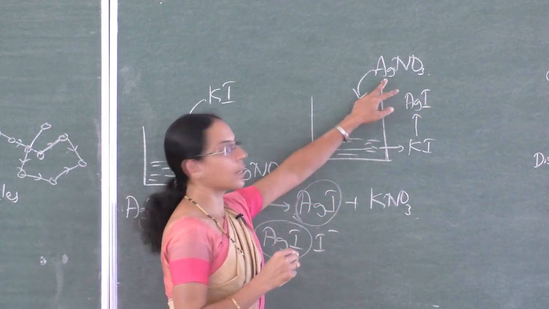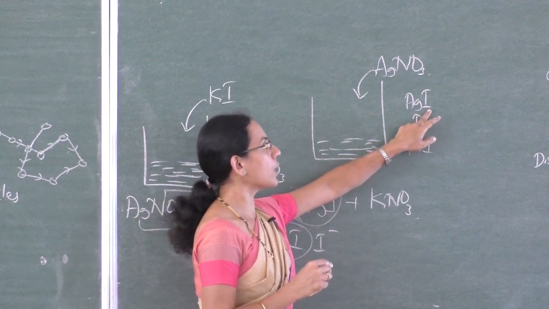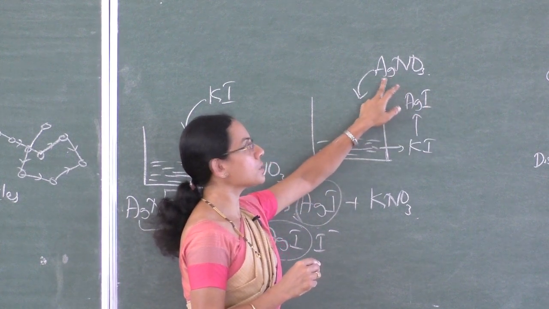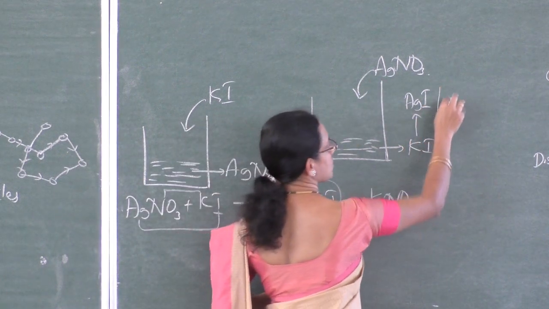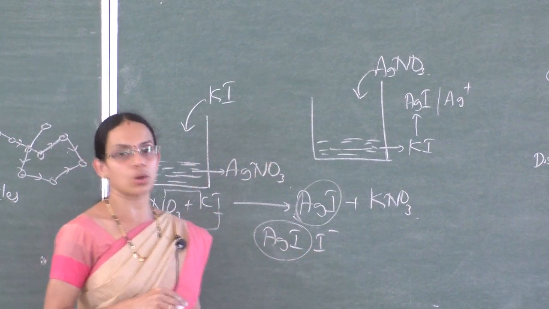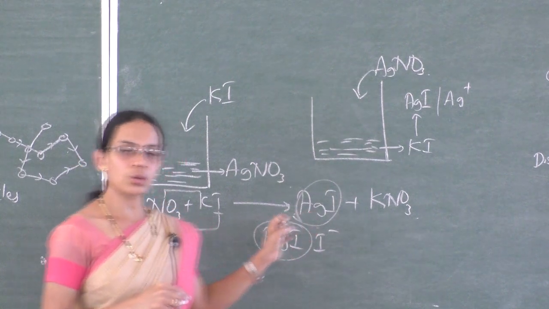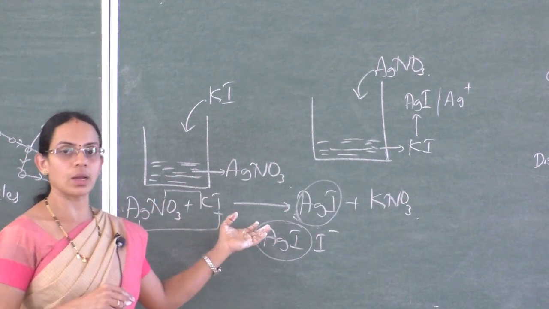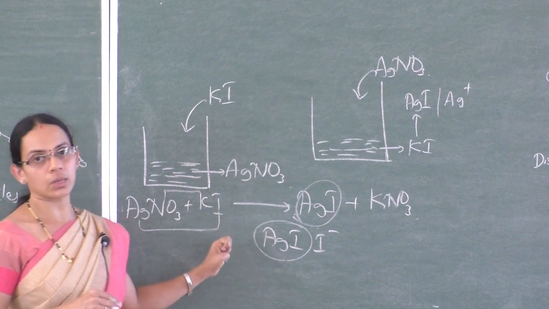Now if silver nitrate is added in slight excess, then this silver iodide adsorbs Ag plus ions present in the electrolyte. If it adsorbs Ag plus ions, it becomes a positively charged salt, right. So by adsorbing one of the ions present in the electrolyte, a salt particle can be positively charged or negatively charged.